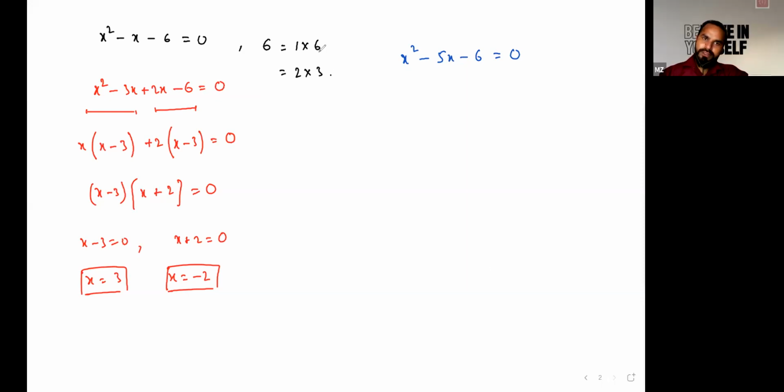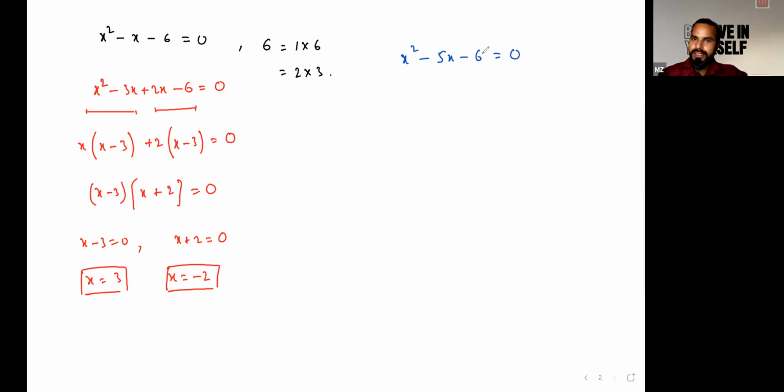Nida, which of the two factors will you choose for this part? Just see, we have -6 here.